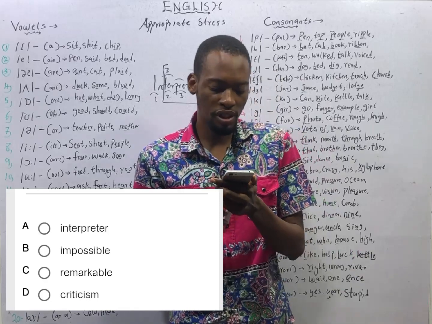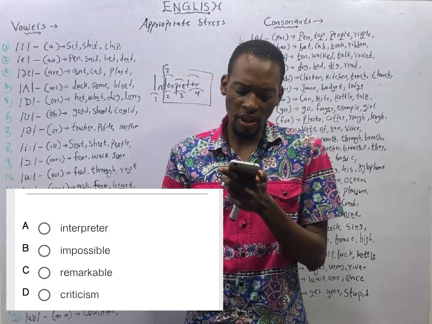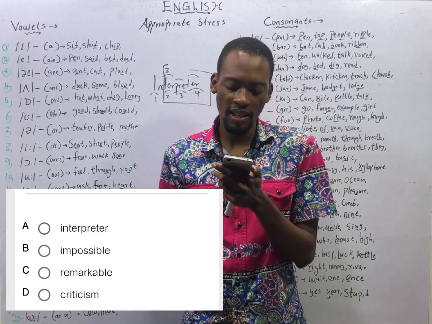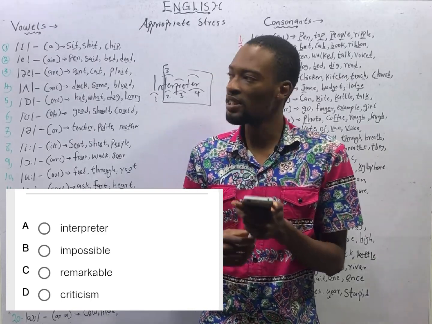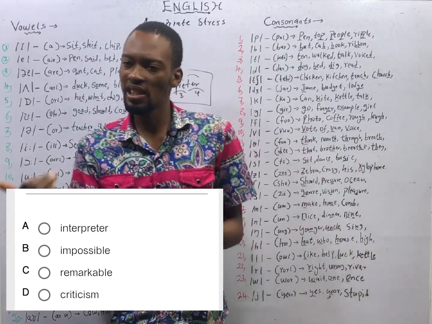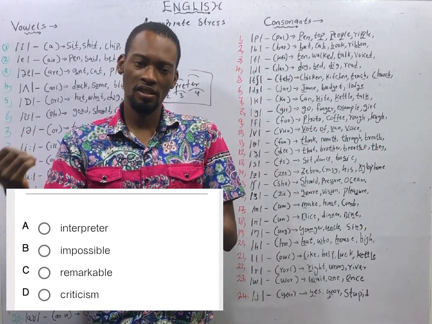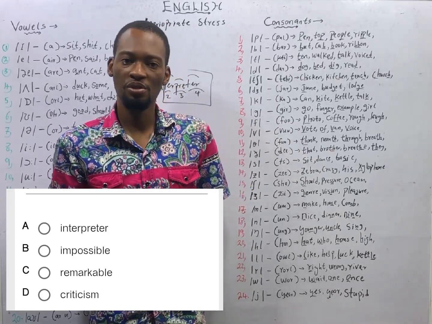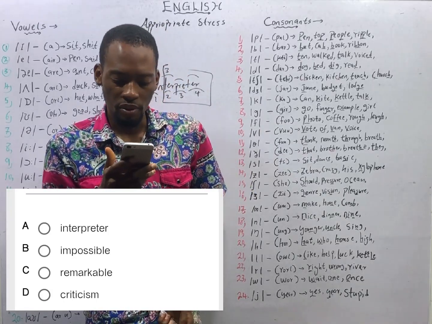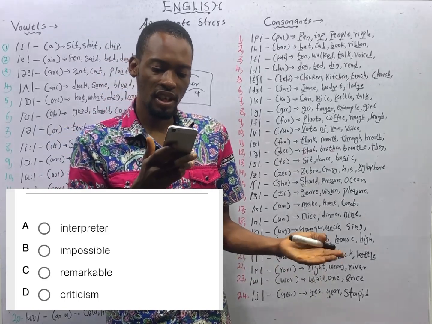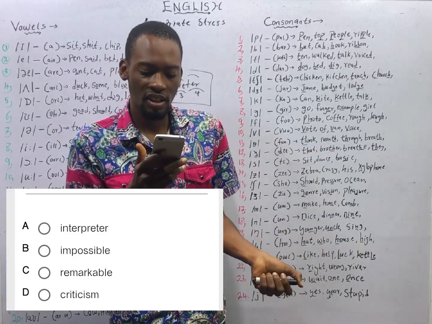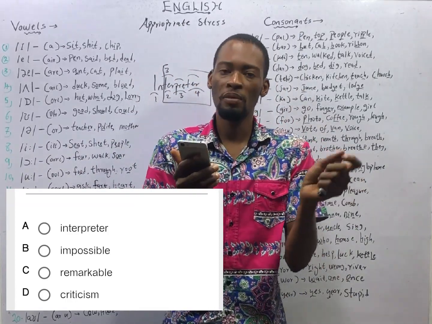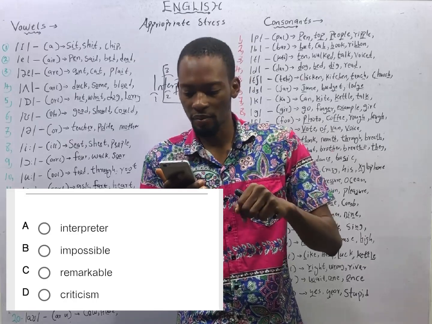Then we have impassable. Impassable ends in a-b-l-e, and anytime you see a word ending in i-b-l-e or a-b-l-e, the stress will be on the syllable before it. So in impassable, "pass" will be stressed. Remarkable: anytime a word ends in a-b-l-e or i-b-l-e, stress will be on the syllable before the suffix, that is "mark."